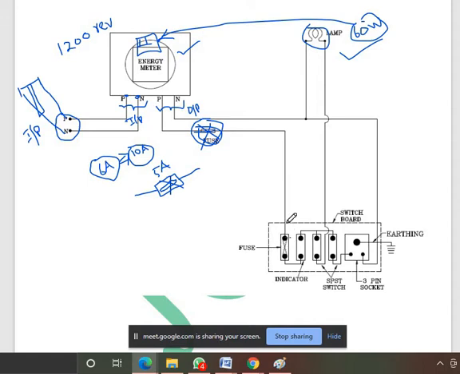Here you can connect the input; it will go to the fuse carrier and then to this indicating lamp. The same phase line goes here and also here.